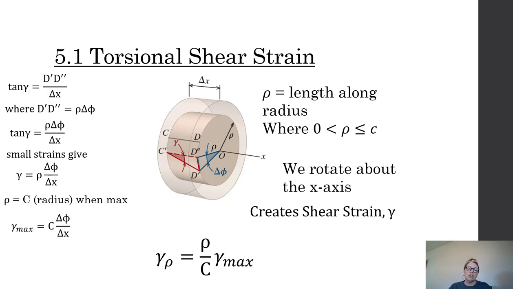So it's a linear relationship, which makes sense. If you look at the picture, you can see that it is a linear line, from zero strain at the middle to maximum strain on the outside.